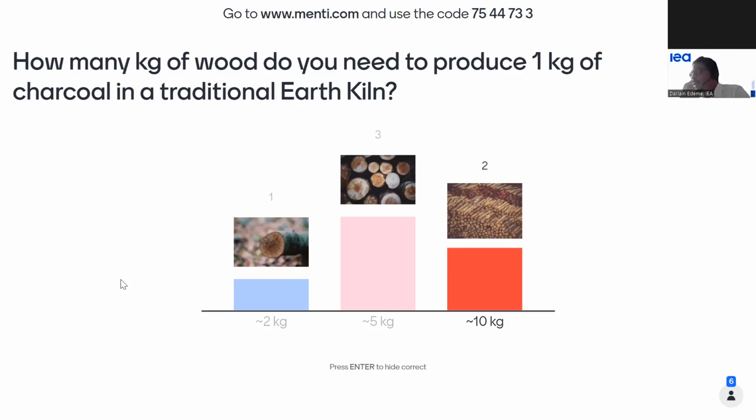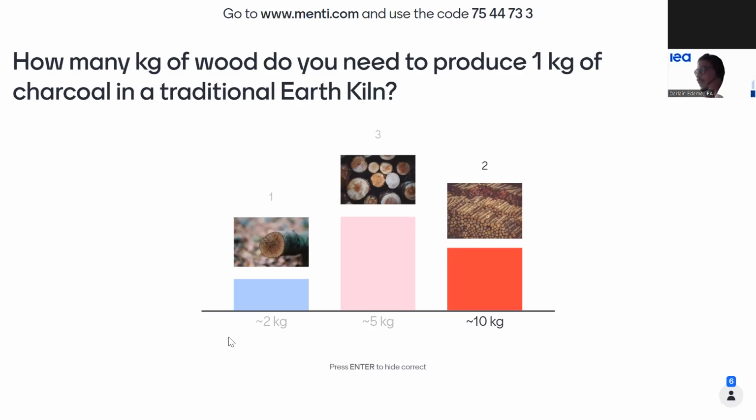In particular, based on our data, on our assessment of the overall continent, we have different values ranging from 5 kilograms to 10 kilograms. It really depends on the efficiency, as I was saying. For example, the most traditional ones among the different kinds of earth kiln available across the continent need 10 kilograms of wood to produce 1 kilogram of charcoal.